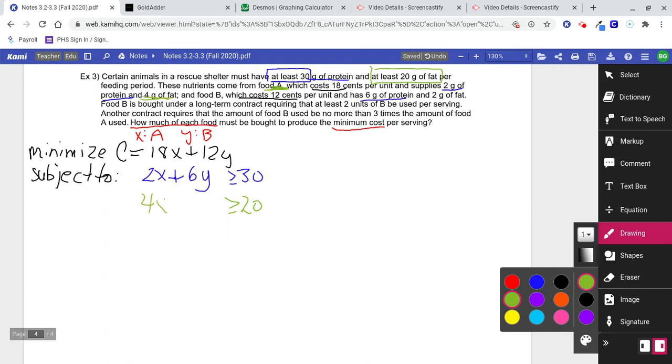So for food A, you're going to have 4x there. And then when they start talking about food B, you keep reading, blah, blah, blah, 2 grams of fat. So that's plus 2y. You have to really focus and find the numbers that fit with the category you're looking at. I'm looking at fat right now: 20 grams, 4 grams, 2 grams, fit it in there. Okay, so what else?